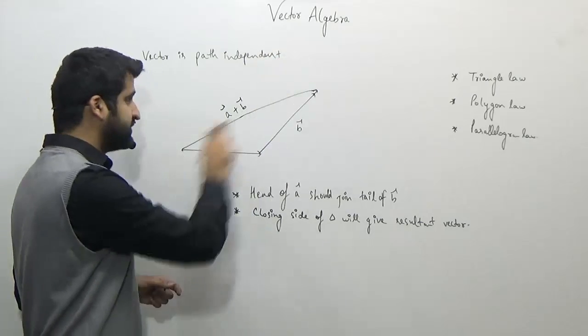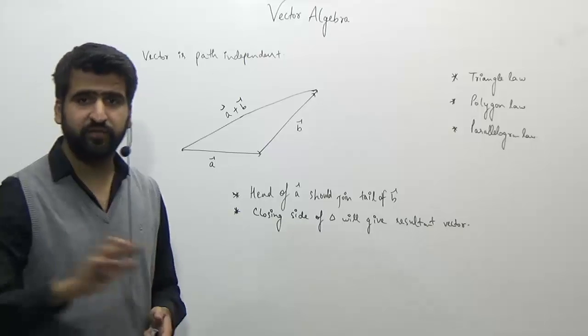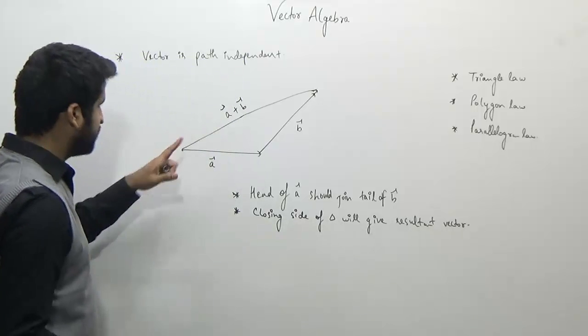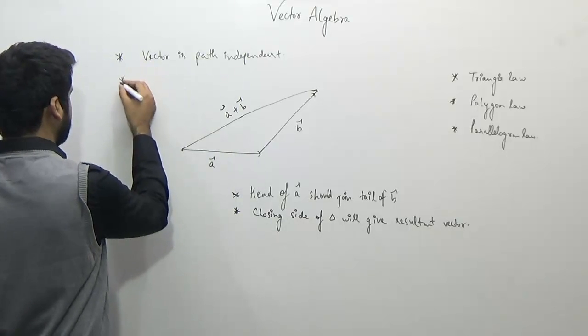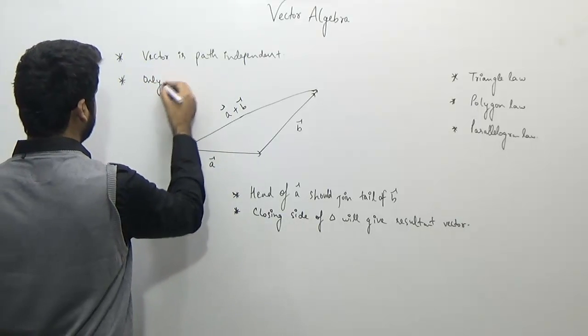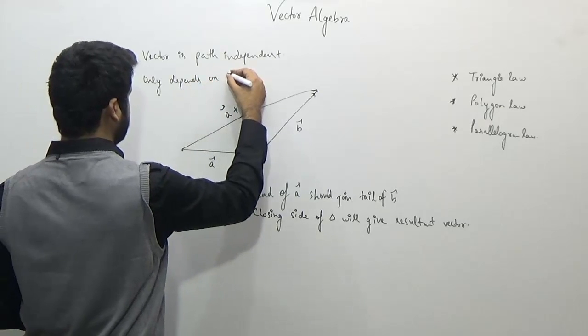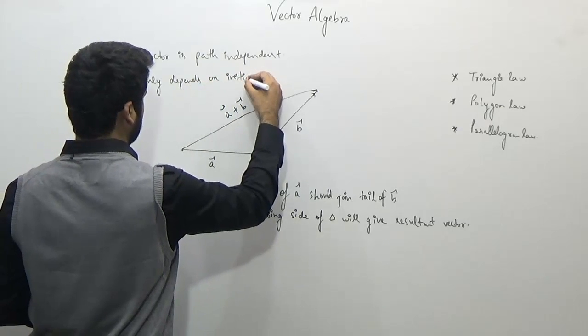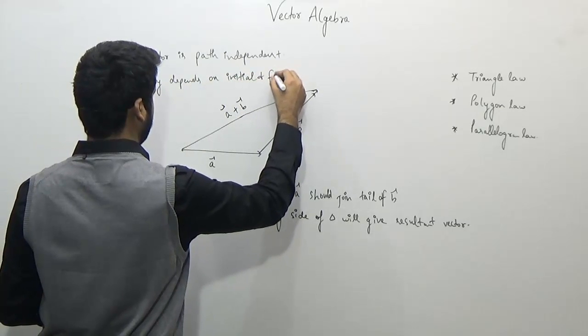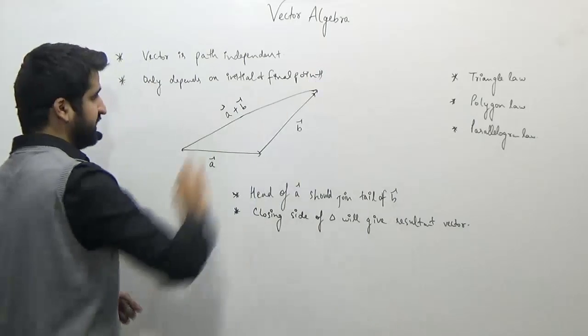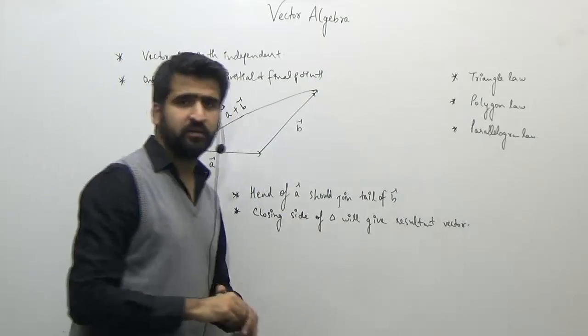We just join the initial and the terminal points to get the resultant vector, and it only depends on the initial and final points.